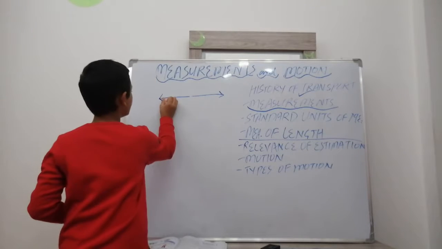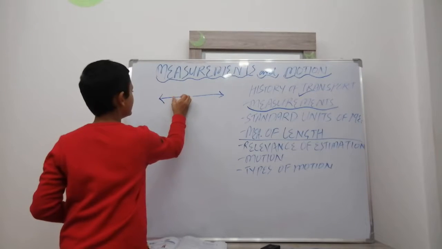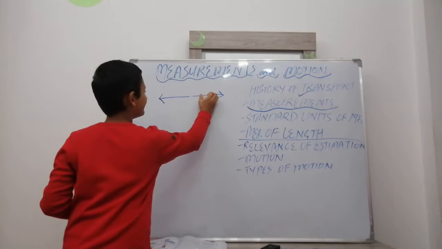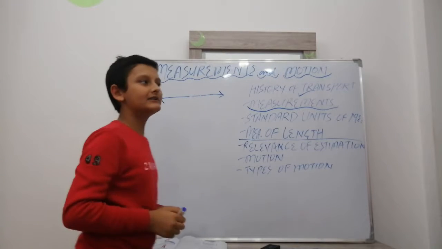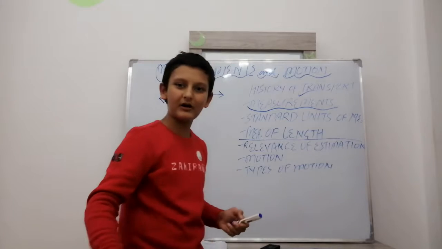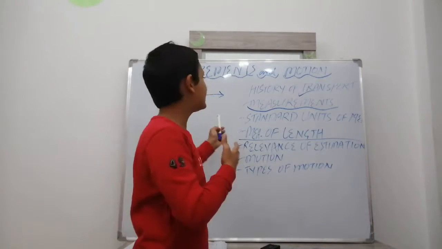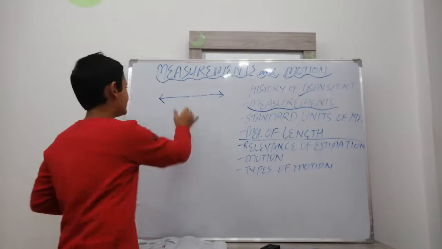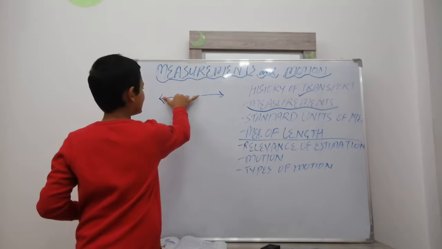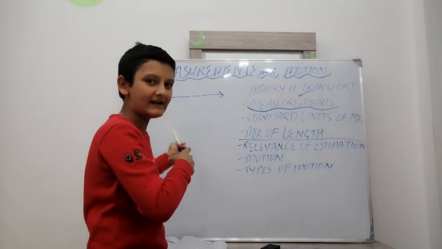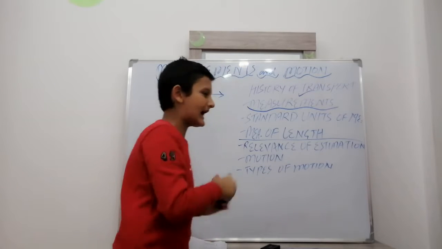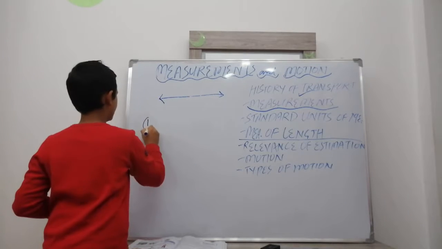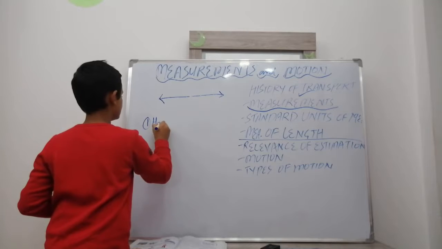So he would say 1, 2, 3, 4, and 5. The younger person than me would say no, this is 5 footsteps. The older person than me would say this is only 1 hand span. First thing they used is hand span.